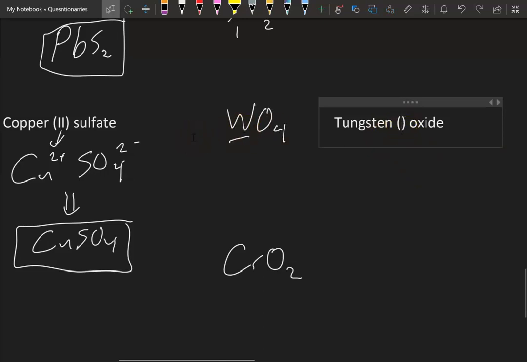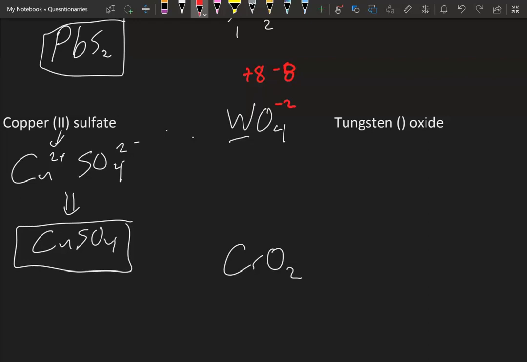So we're going to look at the fact that the oxygen has a -2 charge. 4 times -2 gives me -8. So what cancels out -8? +8. Now tungsten is one of those that you don't have to worry about memorizing. That's why I wanted to do one with you so you could see how it would be done.